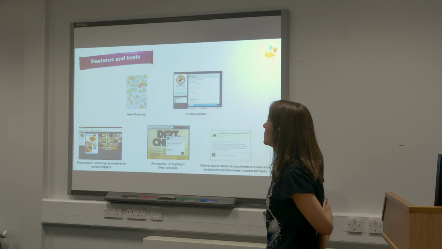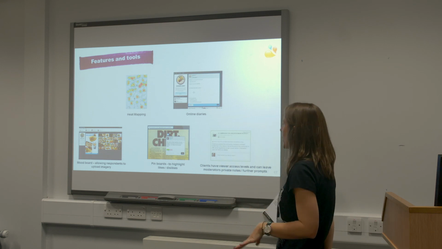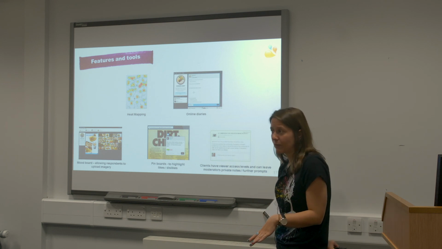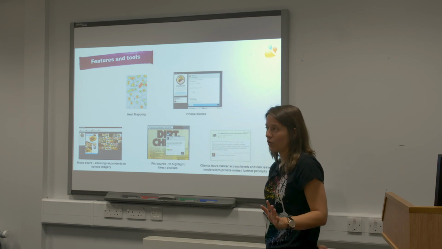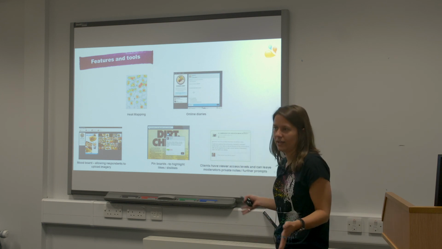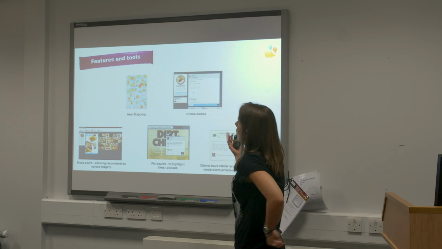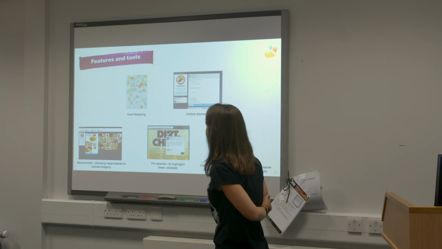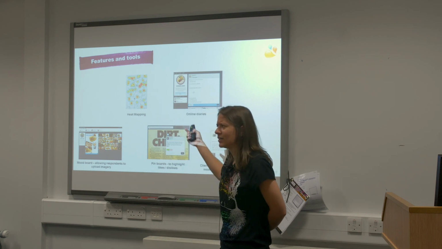So just to show you some of the features or tools that you can use to get them to be a bit more creative. There's quite a few of them. I want to show them to you, but when you select them, don't go overboard. You don't want to use all of them, maybe 1 or 2, that should do it. So one thing that you can use is a heat map. I don't know how many of you are familiar with the tree-man exercise.